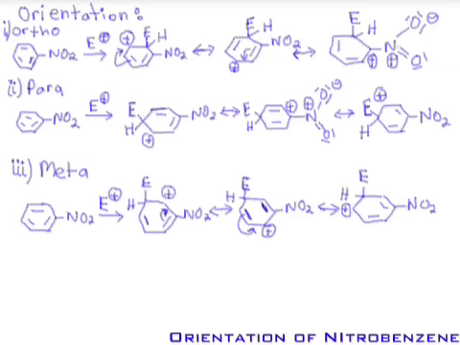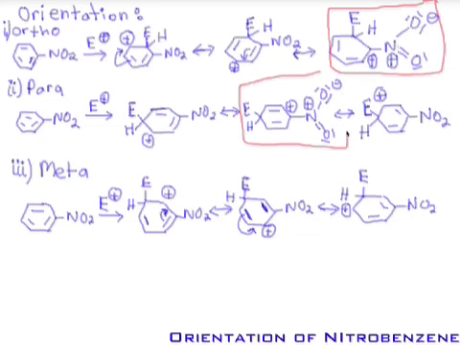But if I look closely at this resonance contributor for ortho attack and this one for para attack, I see 2 adjacent positive charges. If I remember my rules for resonance, which were covered several months ago, adjacent positive charges are repulsive and unfavorable, making these 2 contributors minor.